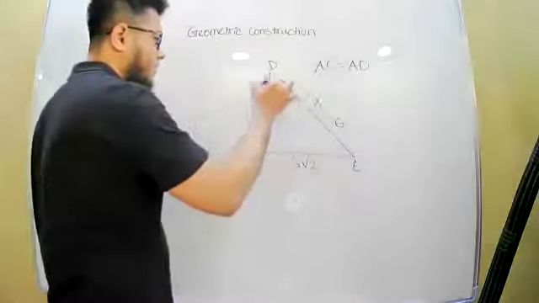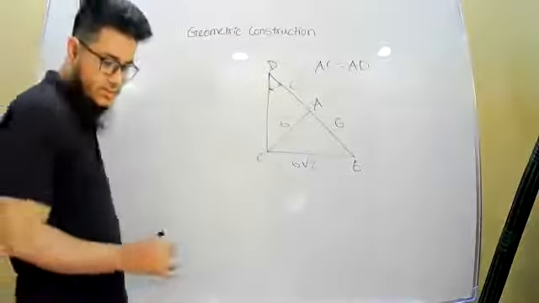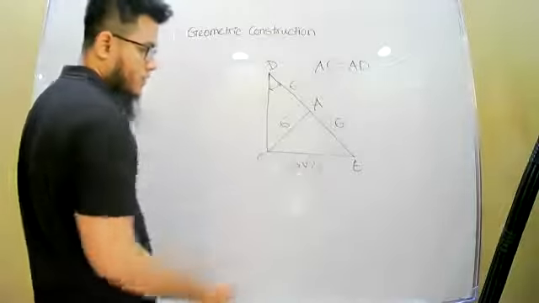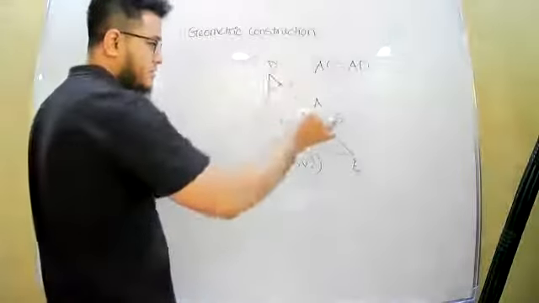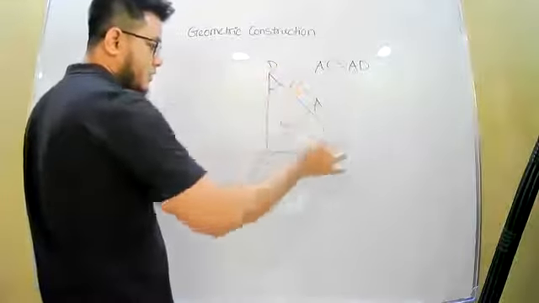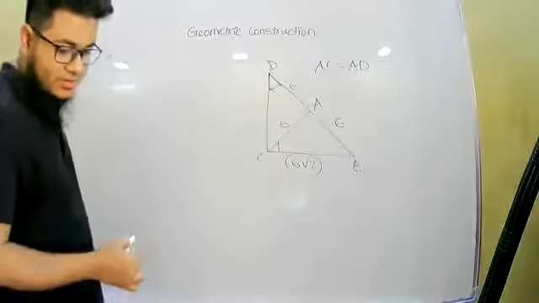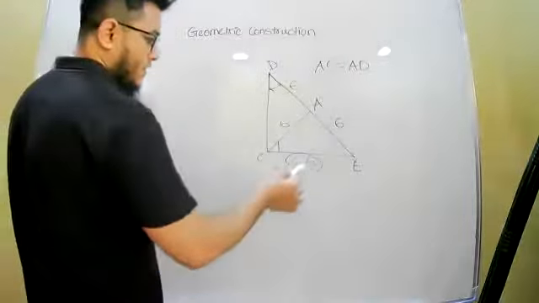So how can we do that? You can see that this is 6 root 2, right? And this is 6 plus 6, 12. So this is a right angle triangle. Oh, actually this sign is not there, right?